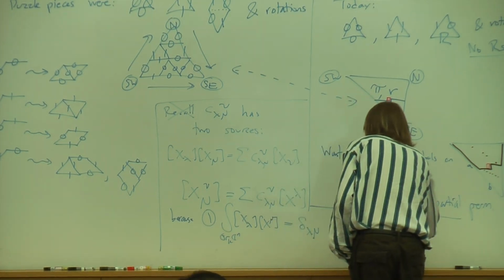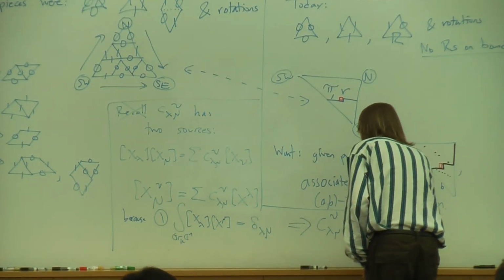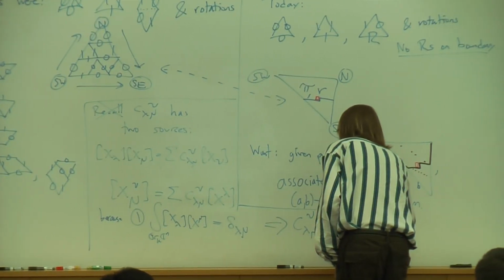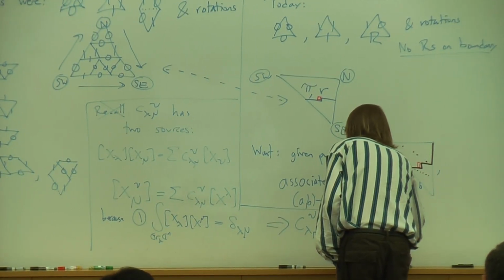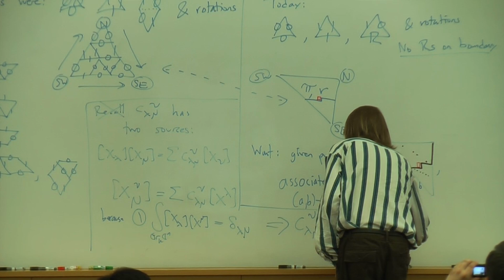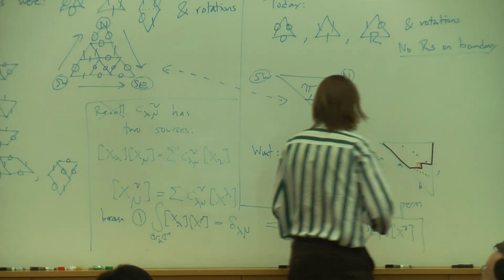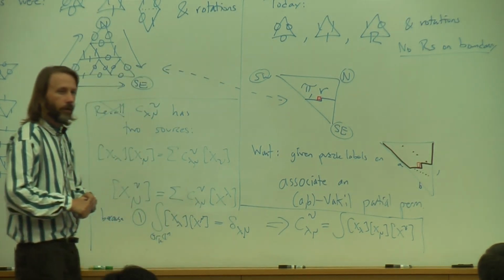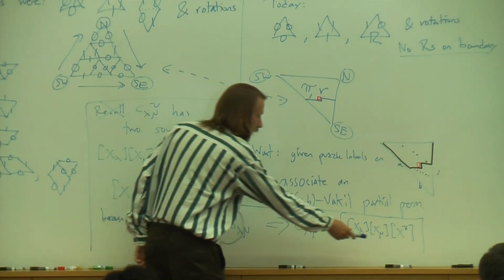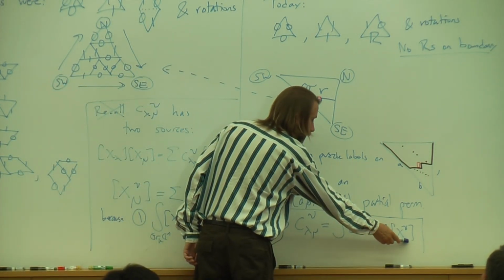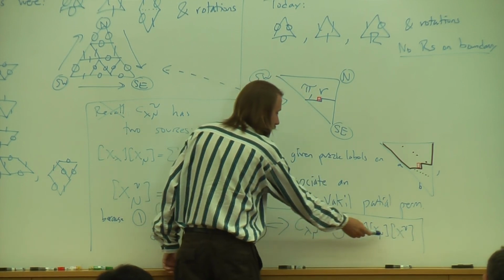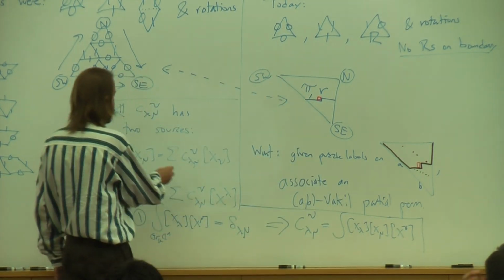What that implies is that you can think about C lambda mu nu as the integral of x lambda times x sub lambda times x sub mu times x super nu. If you dualize this, you get x lambda times x mu expanded in x nus.